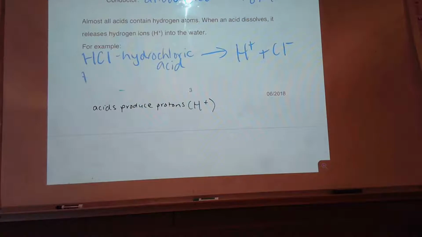And we can have HBr as well, which is called hydrobromic acid. What ions do you think that one would produce when it dissolves in water?